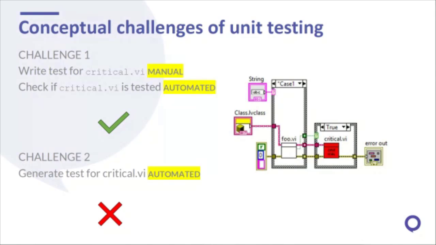Another challenge, which is much more ambitious and what my talk is about today, is to automatically generate tests for the critical VI, for example. This is a challenge that is not done yet for the LabVIEW ecosystem. At least I'm not aware of any solution where a tool would generate tests completely automatically.